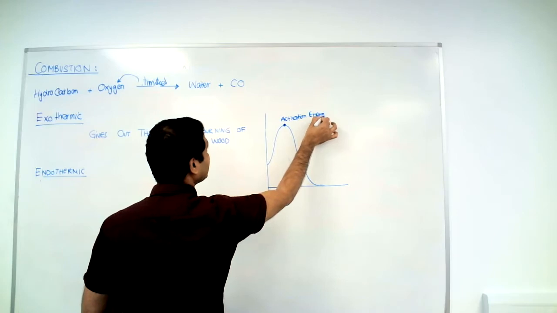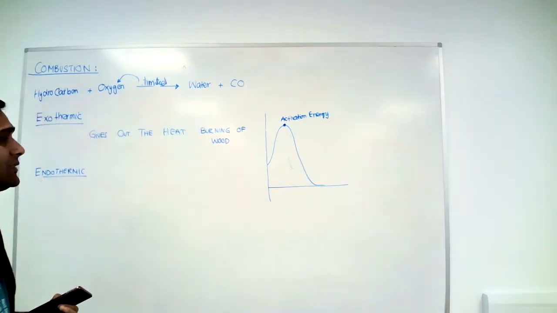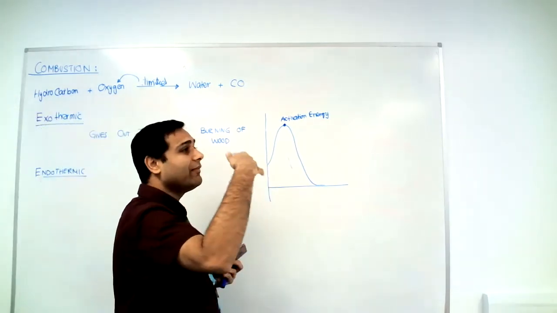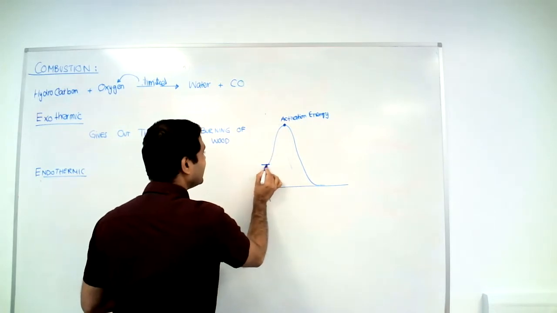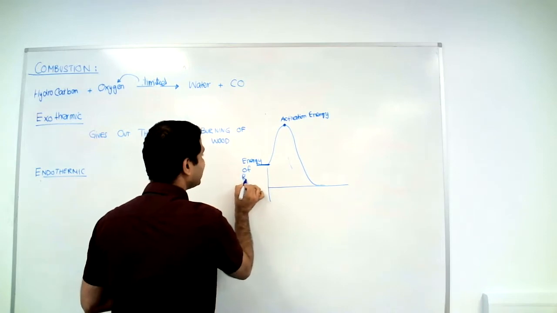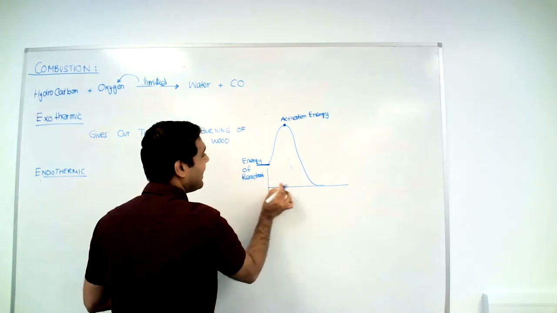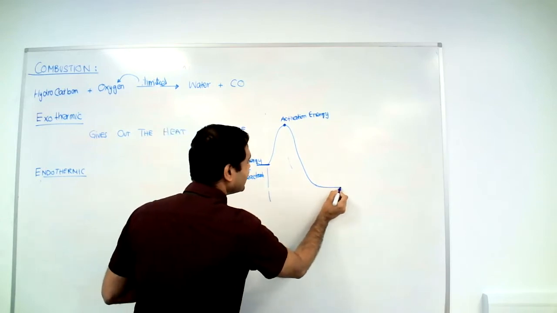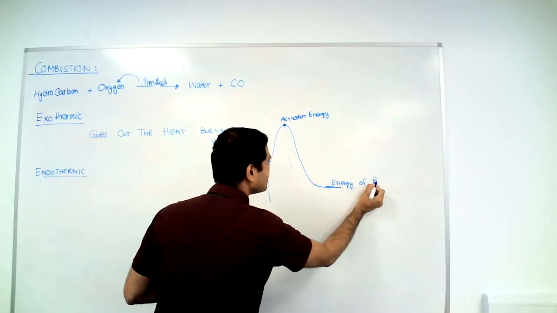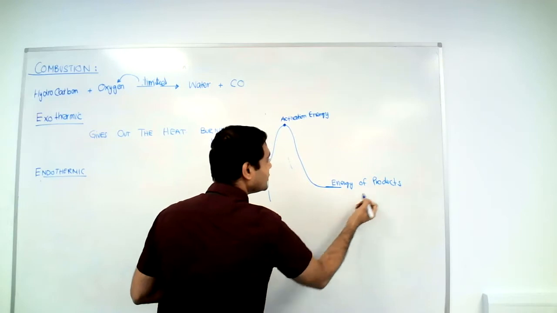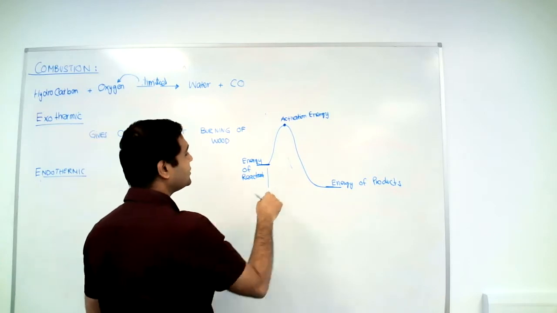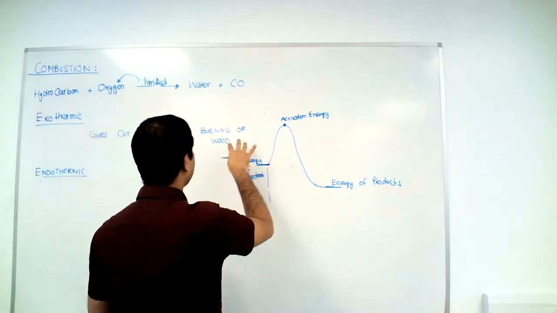You give it some activation energy, so the burning process starts. When the burning starts, they will give away energy. This side is the energy of the reactants, and then they burn, and this side is the energy of the products. The products will be at a lower value of energy compared to the reactants. This is called the exothermic reaction.